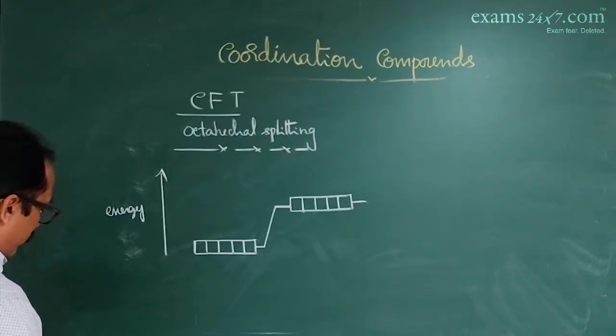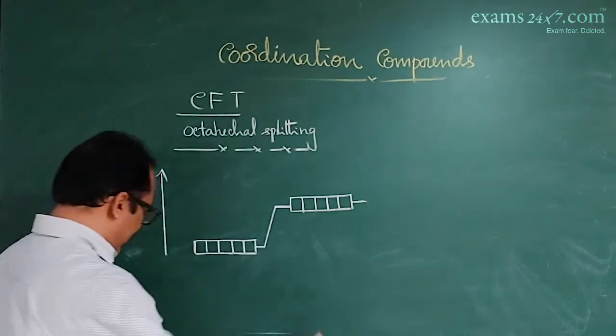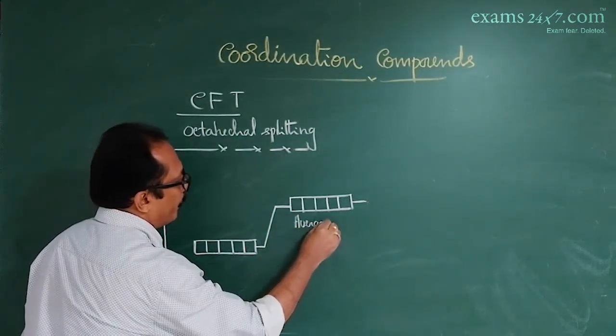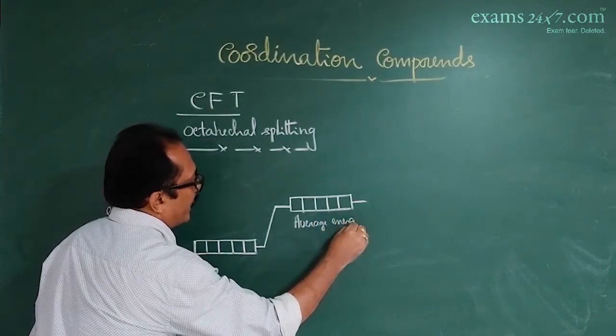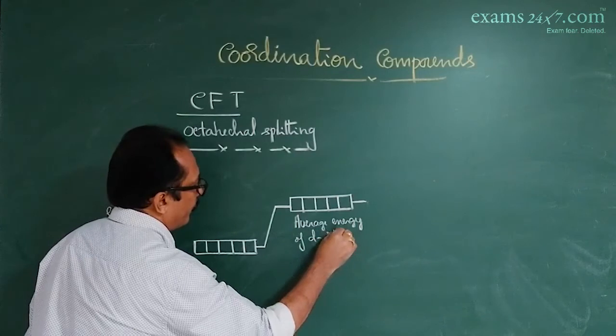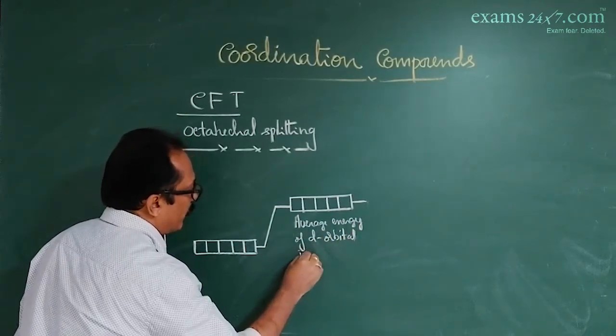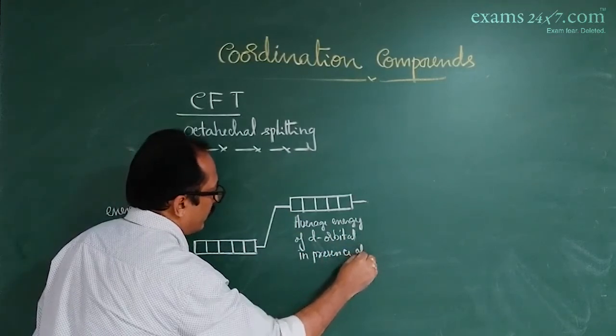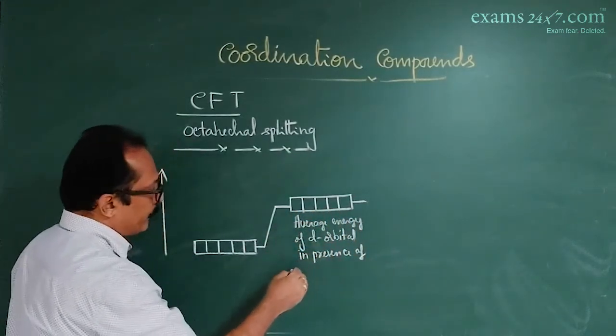Now, here is the average energy of the d orbital in the presence of a spherical crystal field.